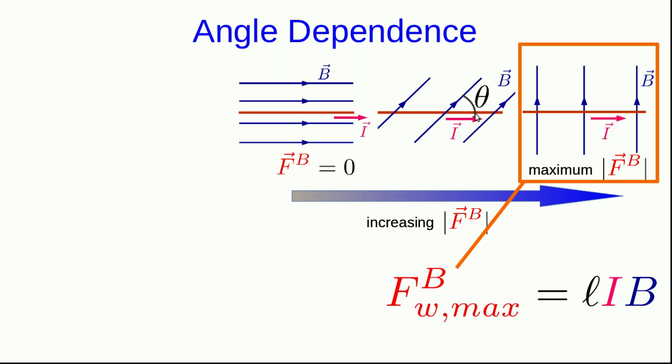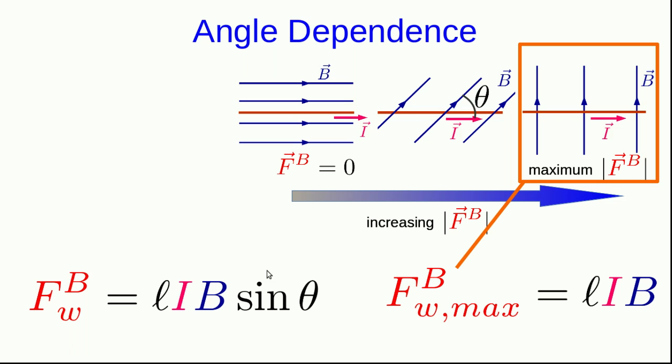But more generally, when the current and the magnetic field make an angle theta, we find that the size of the force goes as the sine of the angle theta. Note that this equation is only talking about the magnitude, and that magnitude is positive by definition, and so it's only valid in the range of angles where sine of theta is positive, and so only for theta between 0 and 180 degrees.